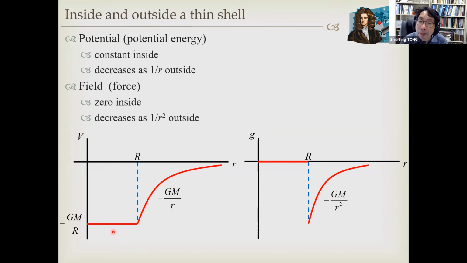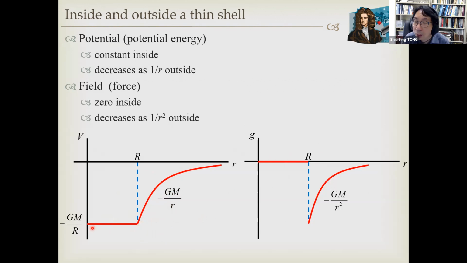How about the inside? If I find the potential inside, I have to integrate all the way from infinity to a point that is inside the shell. If I integrate from infinity to the surface of the shell, I get the potential minus GM over capital R. If I further integrate inside, because the field G is 0, I don't get any additional contribution.